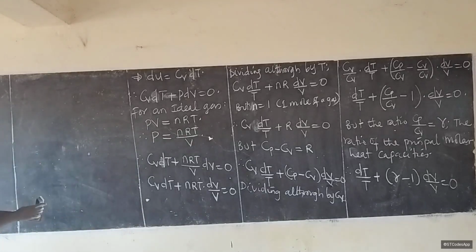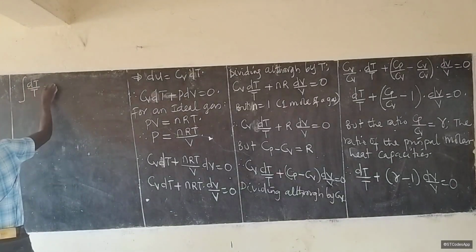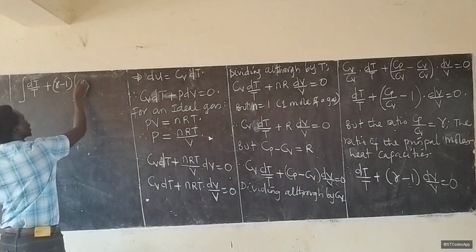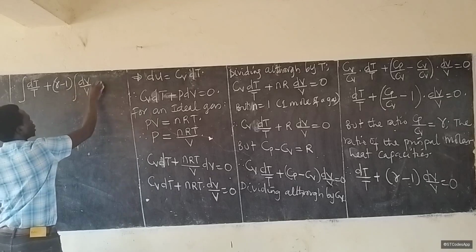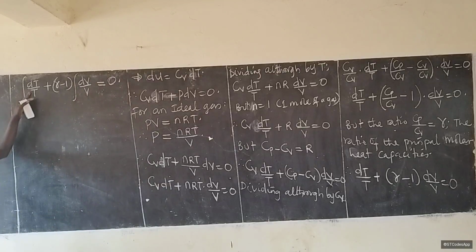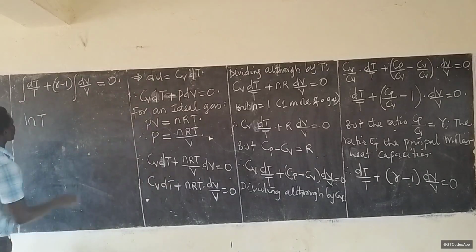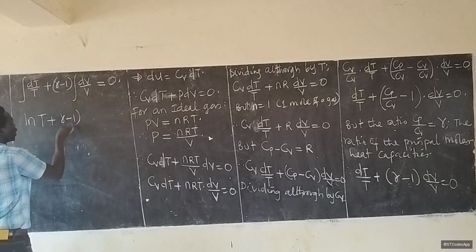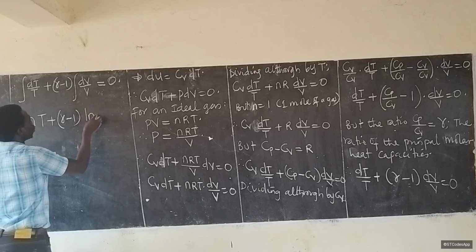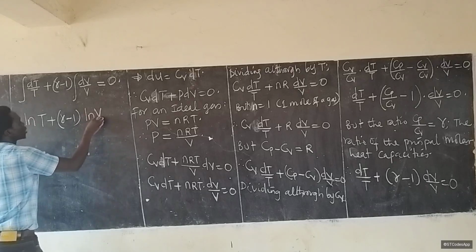On applying the integral, I'll have the integral of dT over T plus gamma minus 1, which I can bring out, integral of dV over V, equal to 0. When I integrate it, I will have ln of T plus gamma minus 1 times ln of V.